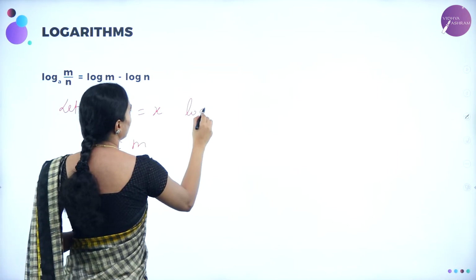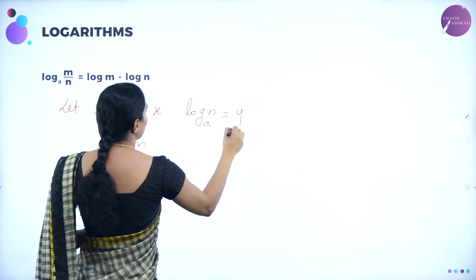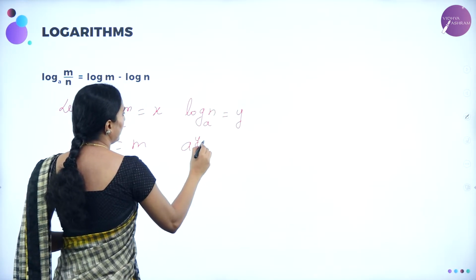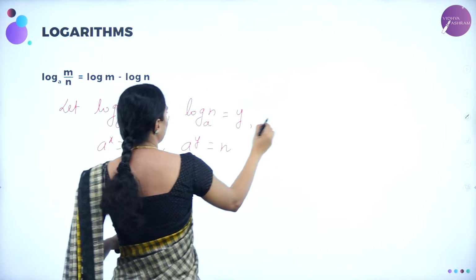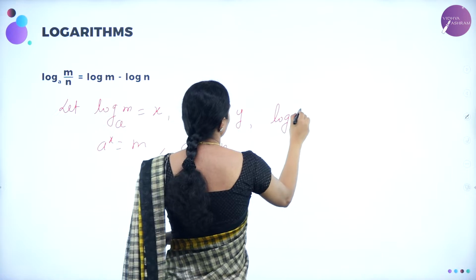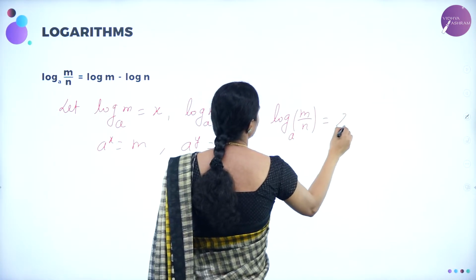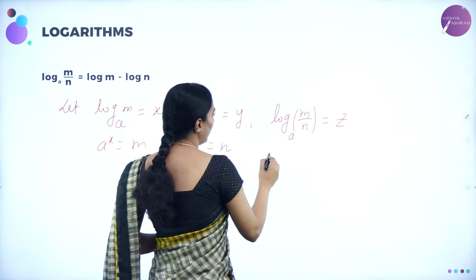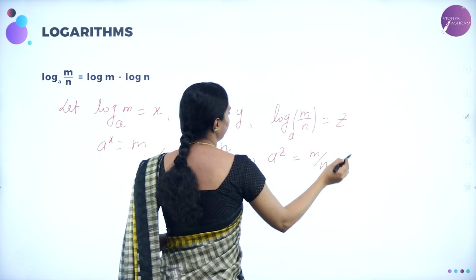Similarly, log n to base a is y, so a power y is equal to n. Similarly, log m by n to base a is z. Therefore, a power z is nothing but m by n.